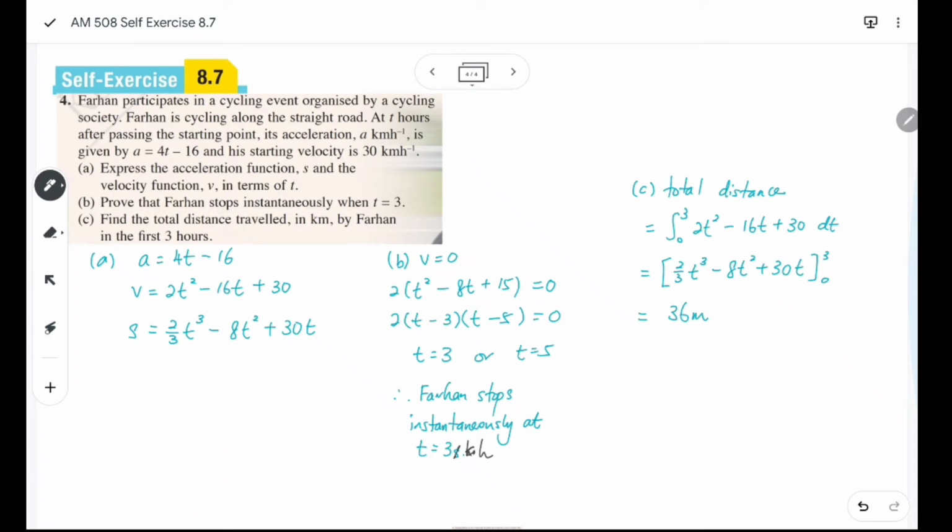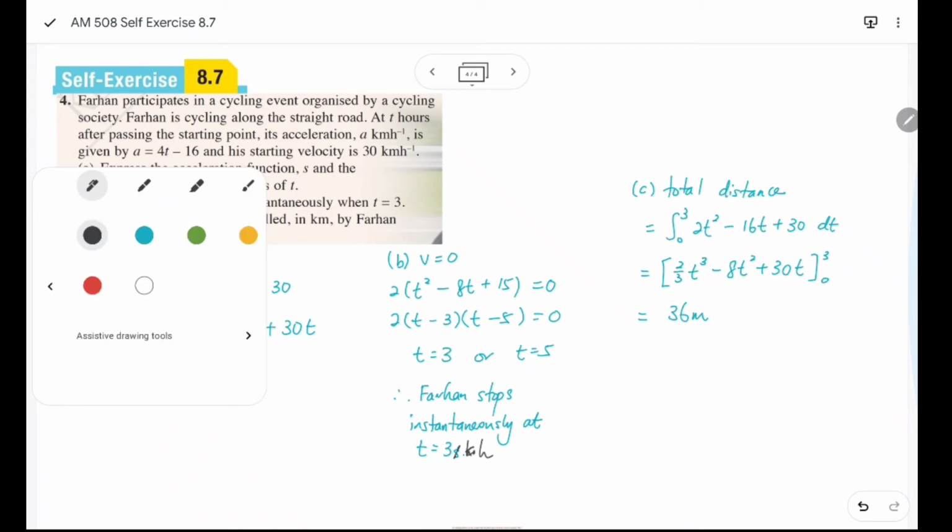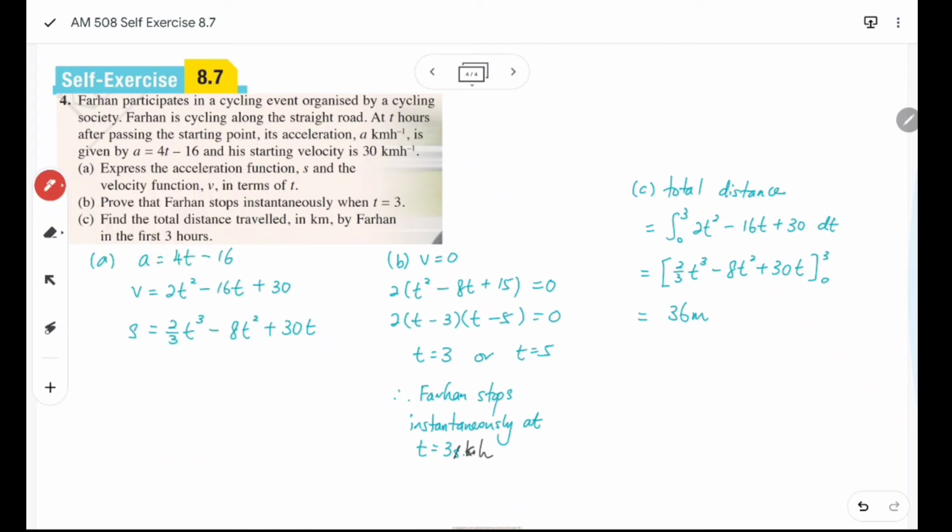A. Express the acceleration function and the velocity function in terms of t. I believe we need some correction about the acceleration function since this is given. So we change the question into: express the displacement function and the velocity function in terms of t.